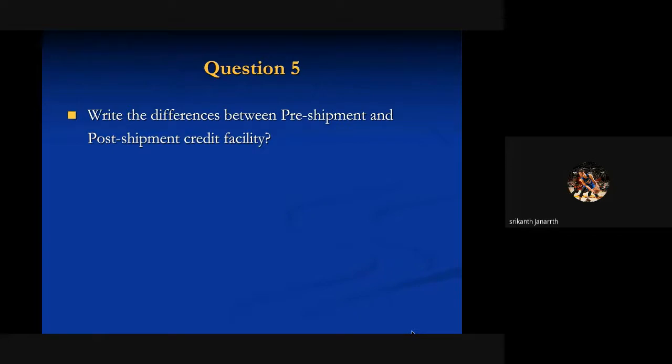Pre-shipment is what? Finance disbursed before shipment. Finance disbursed before shipment is pre-shipment. Post-shipment is finance disbursed after shipment. Finance disbursed after shipment is called post-shipment.